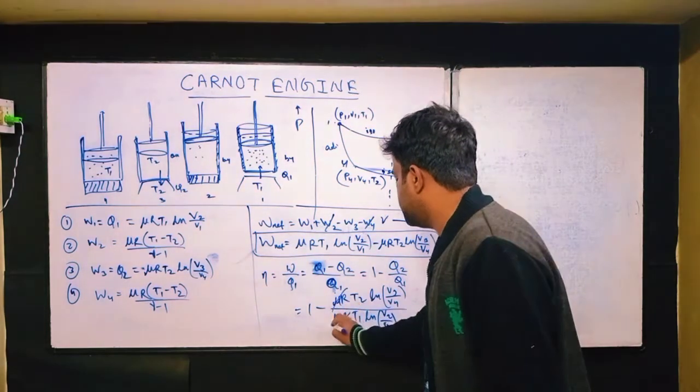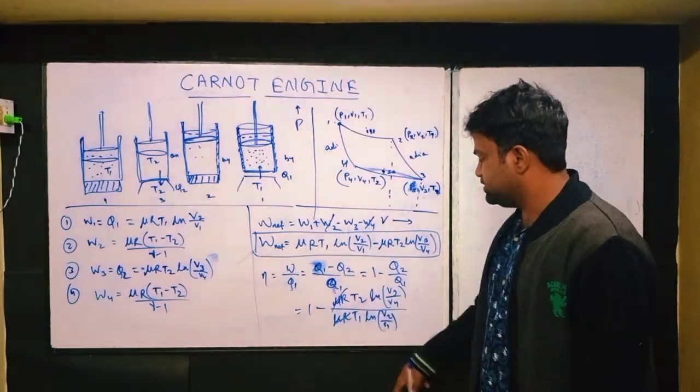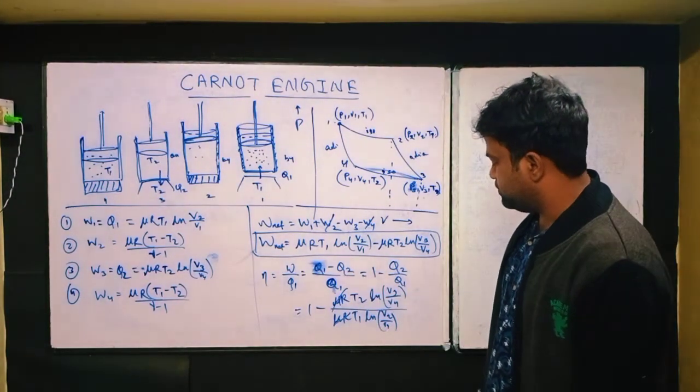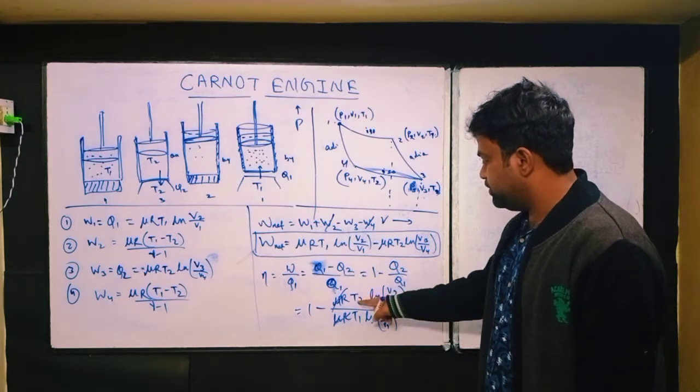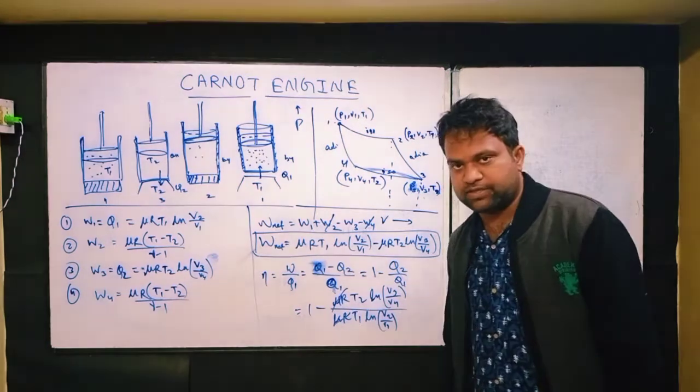Now mu is the number of moles and r is the gas constant, so they cancel out, and we are left with 1 minus T2 ln V3 by V4 over T1 ln V2 by V1, right?